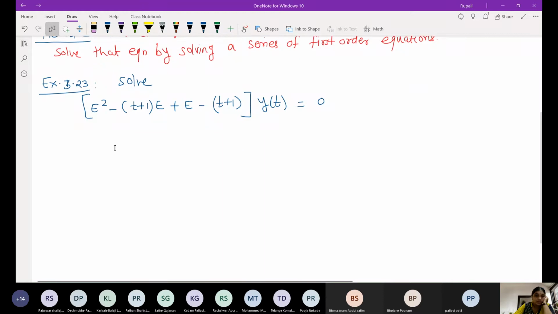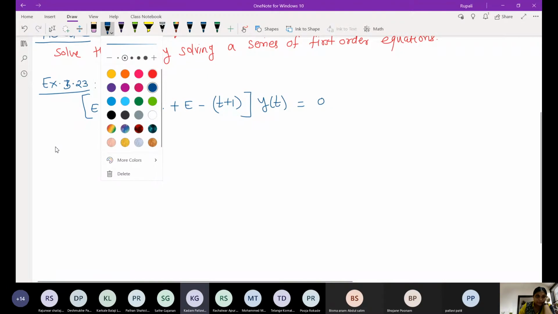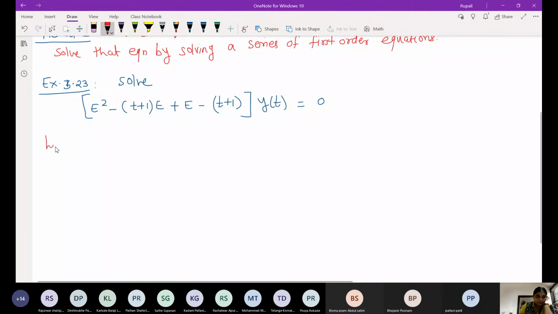So we have to solve here a second order difference equation with variable coefficients. You can see its coefficients are not just constants, right? What is P_2(t), P_1(t), and so on? Here P_2(t) is 1. What is P_1(t)? Minus (t plus 1), that is, 1 minus (t plus 1).